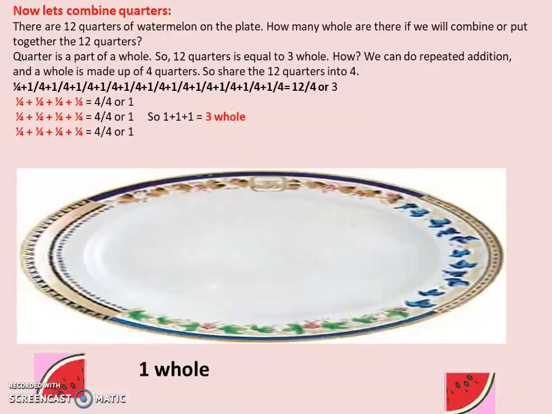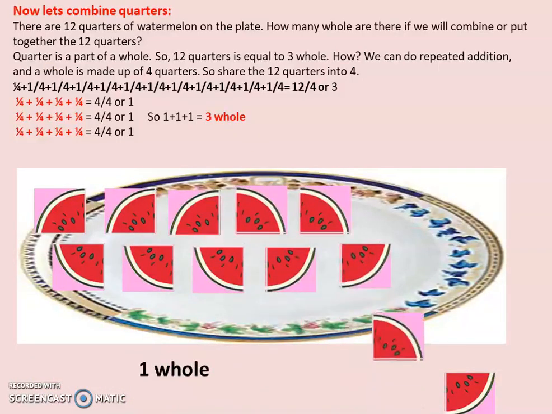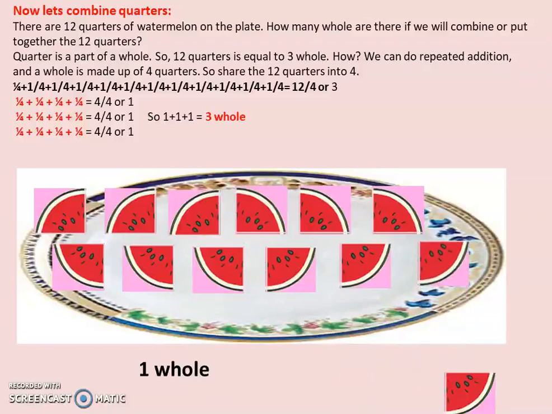Let's have another example. So we have here a plate of watermelon, quarter watermelon. And there are 12 quarters of watermelon on the plate. Now, how many wholes are there if we combine or put together the 12 quarters?